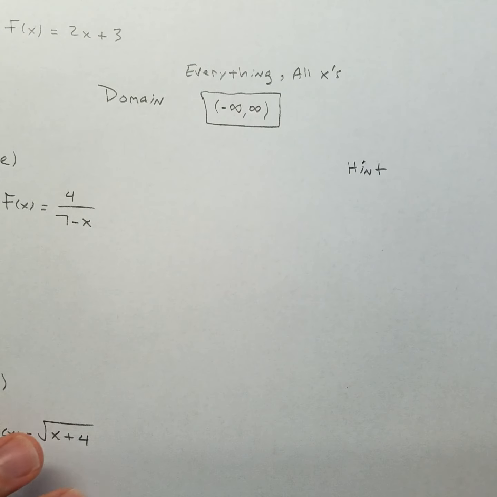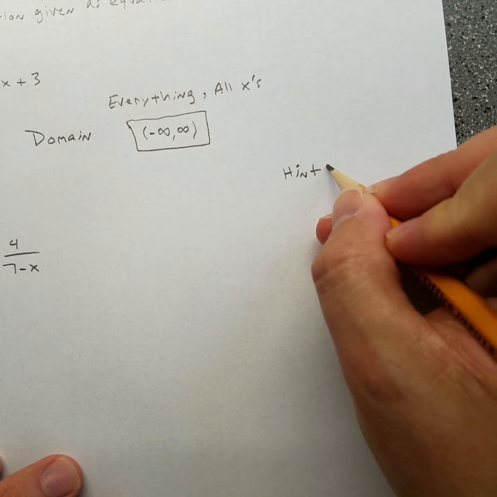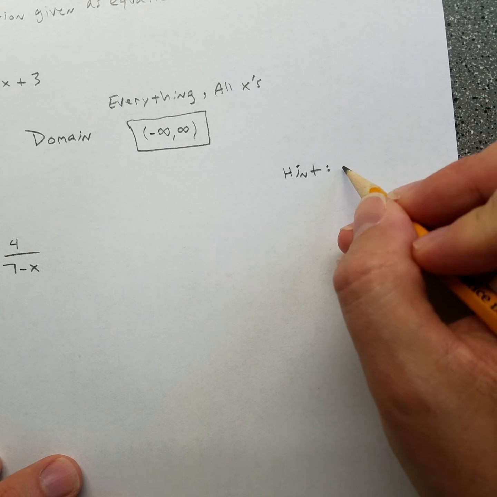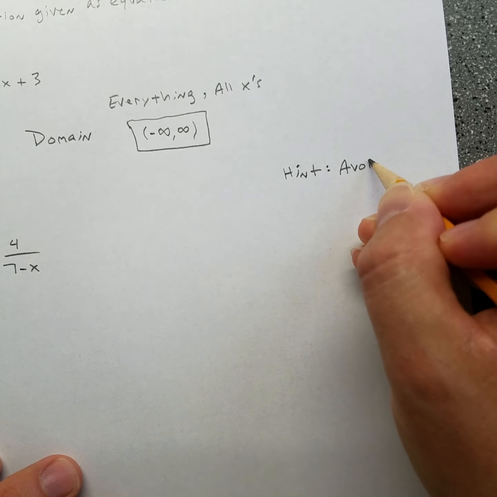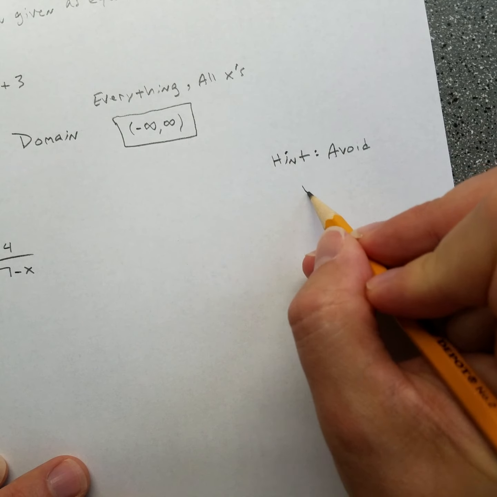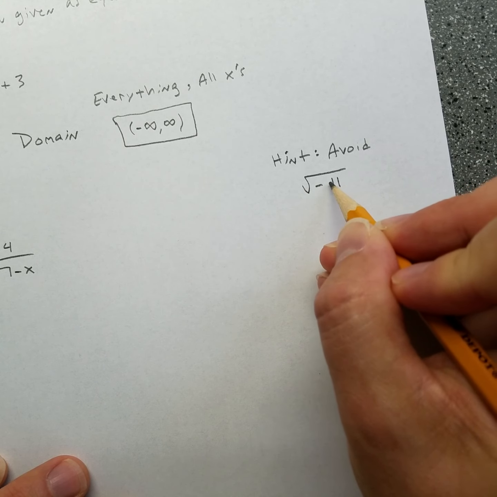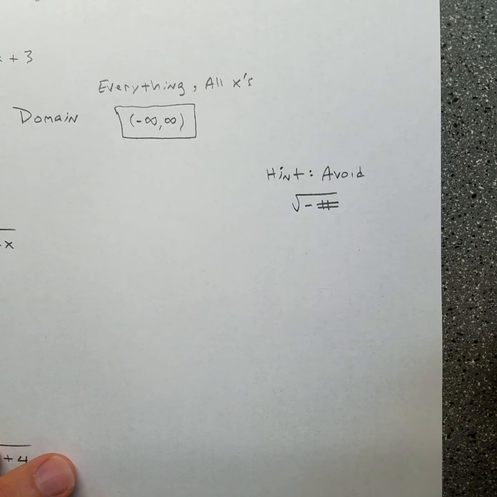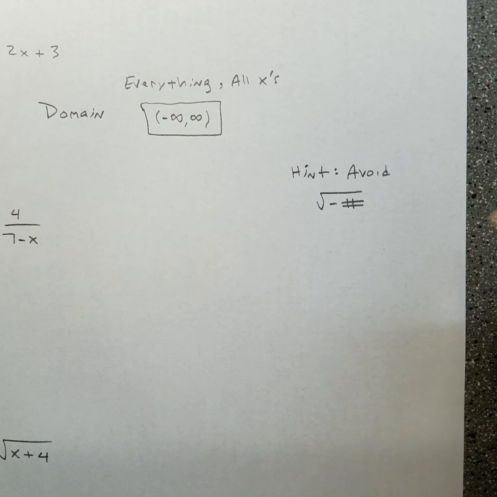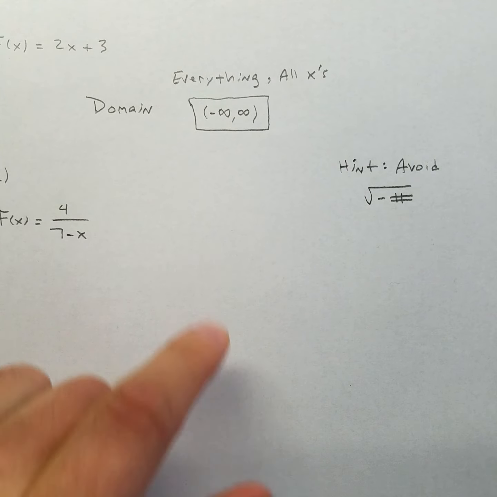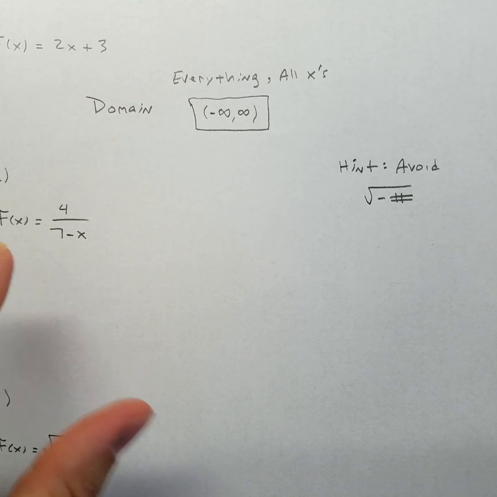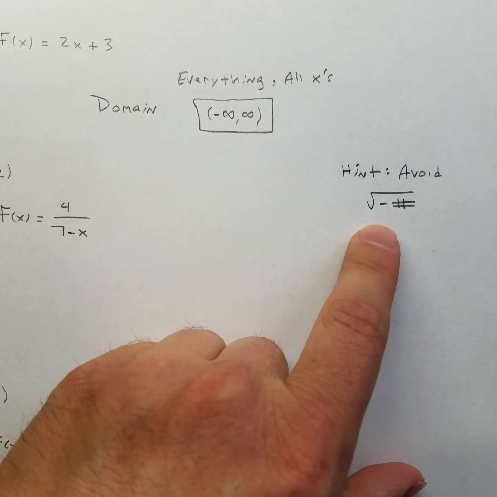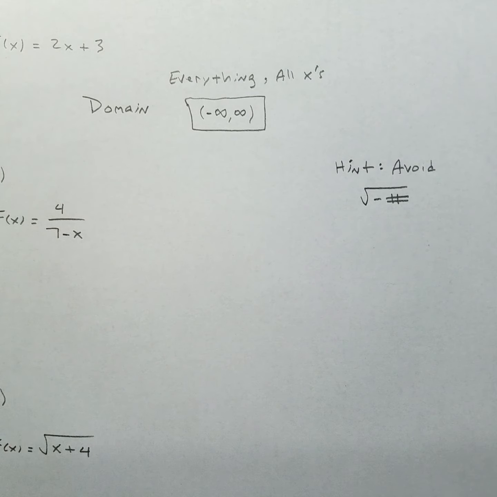So here's the hint for the domain: we basically just need to avoid square roots of negative numbers. Because if you do that, you won't get an answer. The whole point is that a function pairs an x with a y, and if you plug in a number where the calculation can't proceed, then you don't get a y, and it doesn't work.